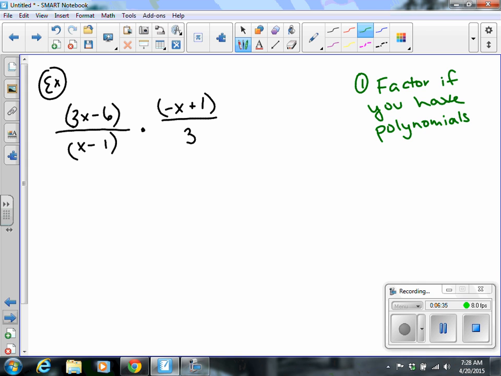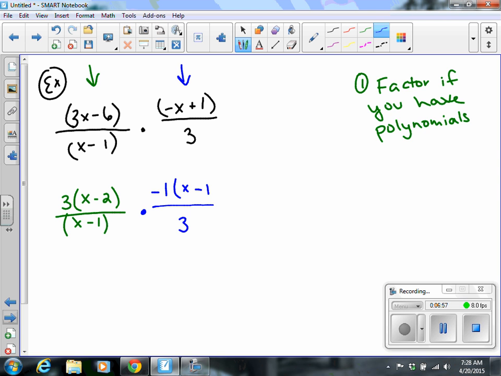Looking at this one here, I'm going to factor the 3 out, and I'm left with x minus 2. And that's still over x minus 1. Okay, so now I'm going to factor this other side. Well, I don't really like working with negative x's, so I'm going to factor out that negative 1, and then I'm going to have x minus 1.